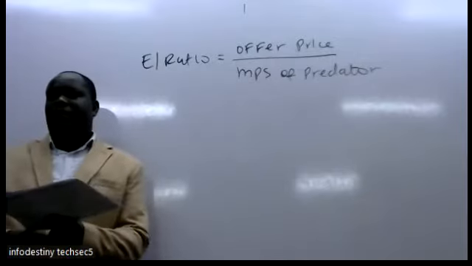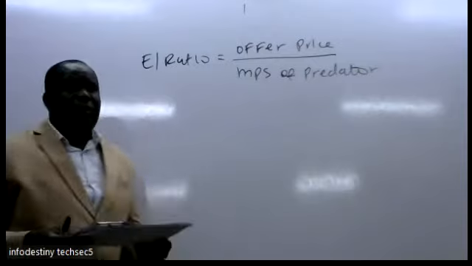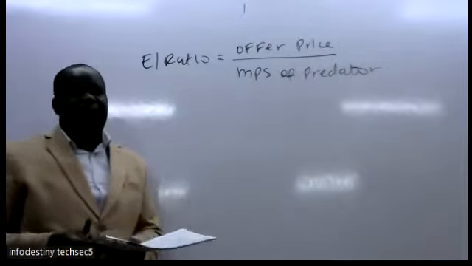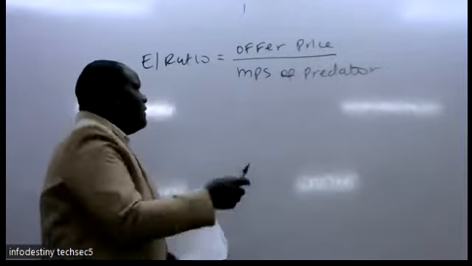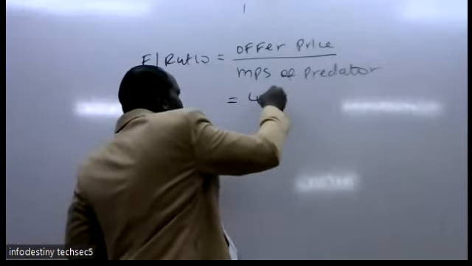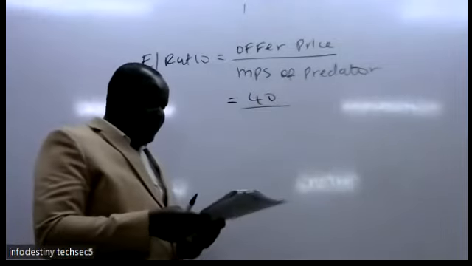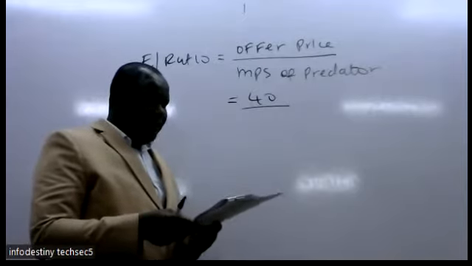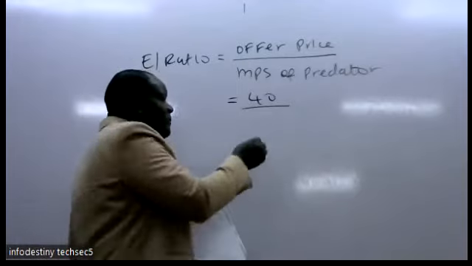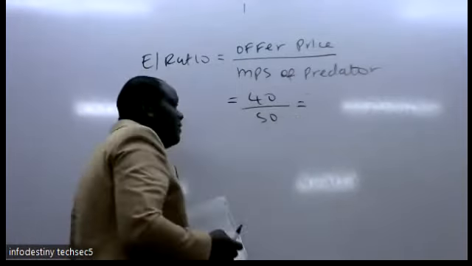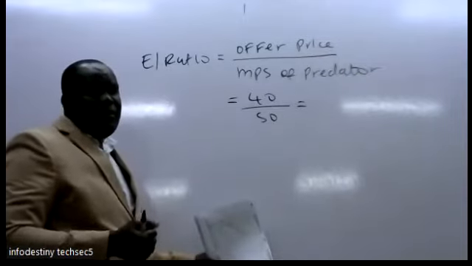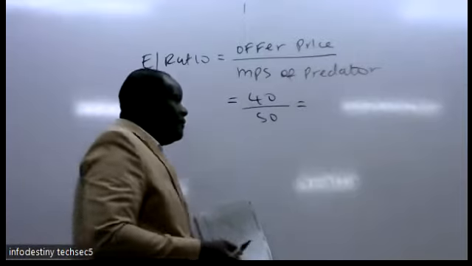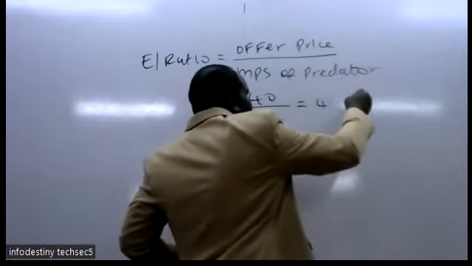The offer price has been given as 40 shillings. We divide by the ordinary share market price for the predator, that is the one for Chilulu, which is 50. So the exchange ratio should be 4:5.